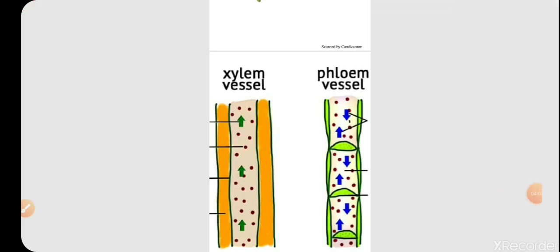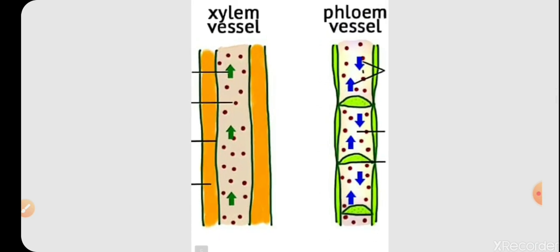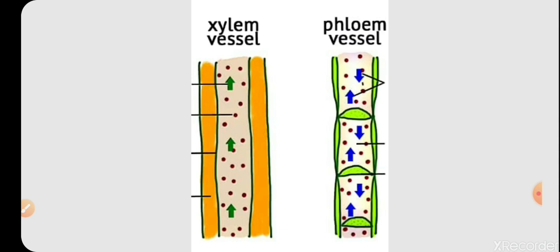There are also vascular tissues present in the leaves which help to transport the various things required for the leaf to prepare its food, such as water and minerals. One is the xylem and the other is the phloem. Xylem helps to transport water, whereas phloem helps to transport the prepared food in the leaf to all the body parts of the plant.